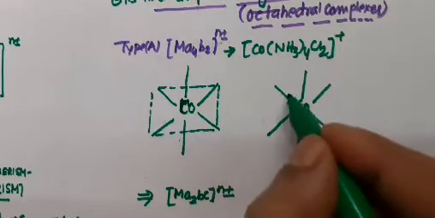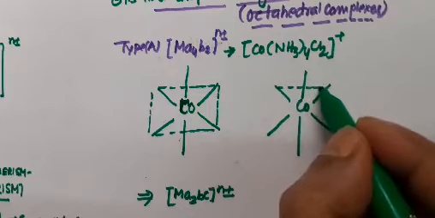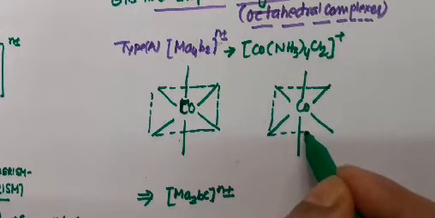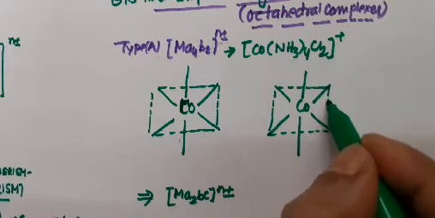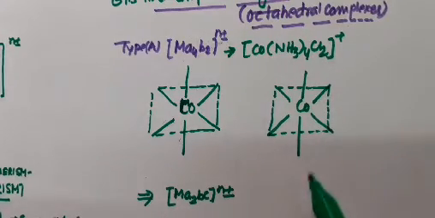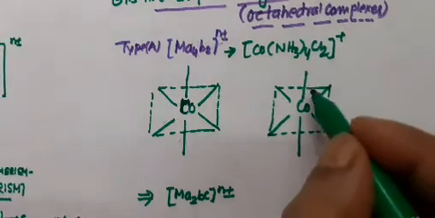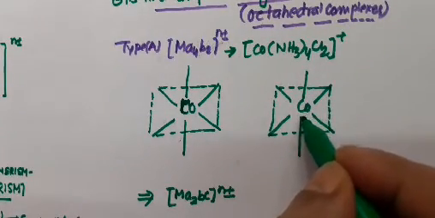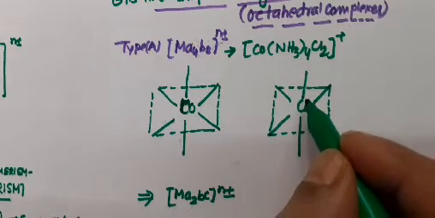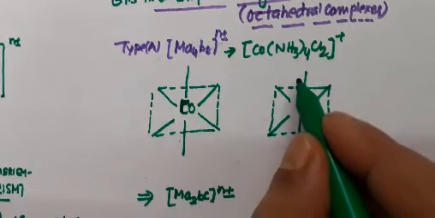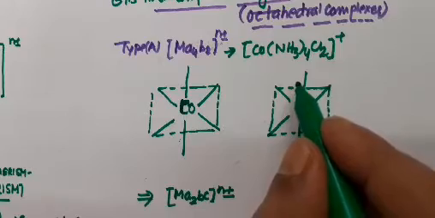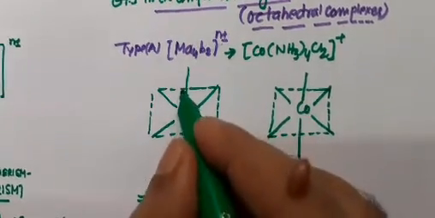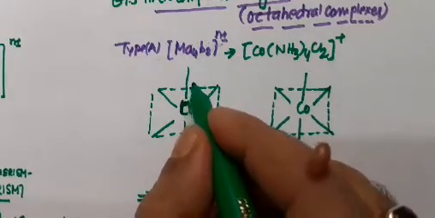The bond present along the plane is known as the equatorial bond, and the bond which passes through the center is known as the axial bond. Now we have to arrange the ligands in cis and trans form. So let's start with how it occurs.